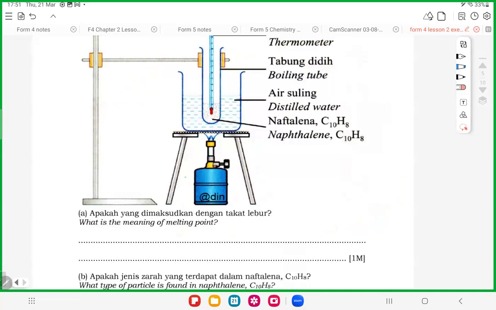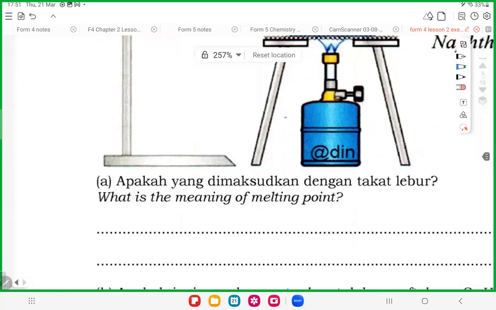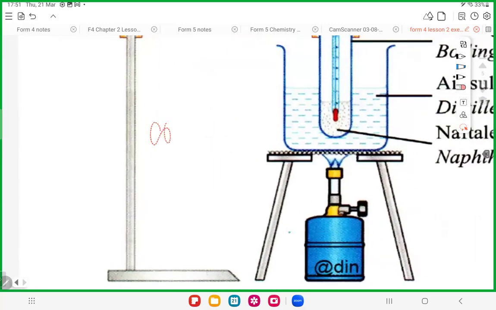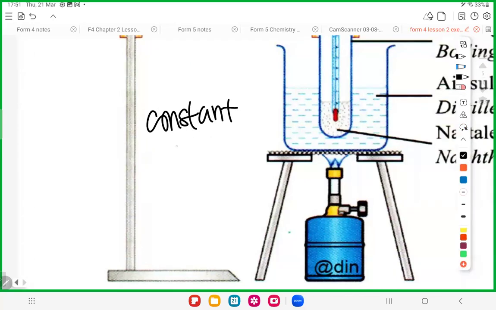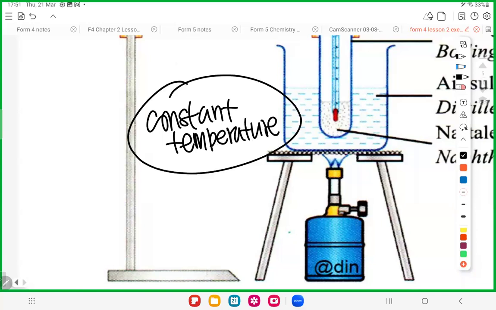What is melting point? I told you all previously, in the past lesson. Melting point is not a point, right? Melting point is a constant temperature. Why do we need to put the word constant?